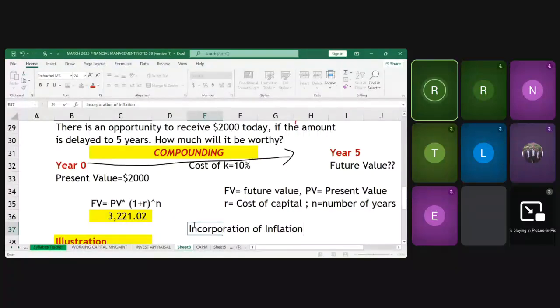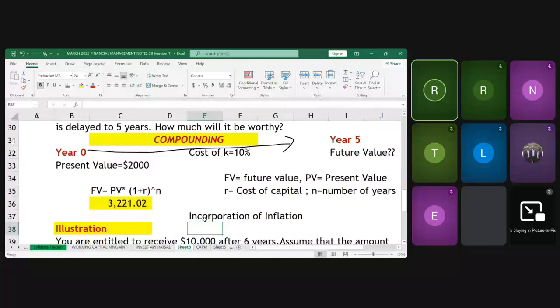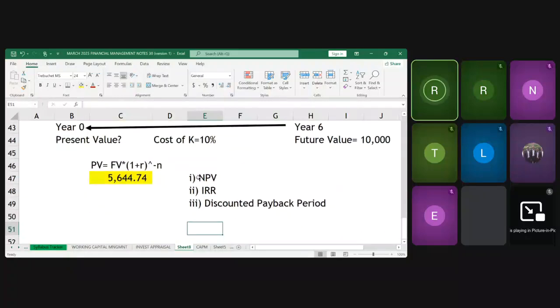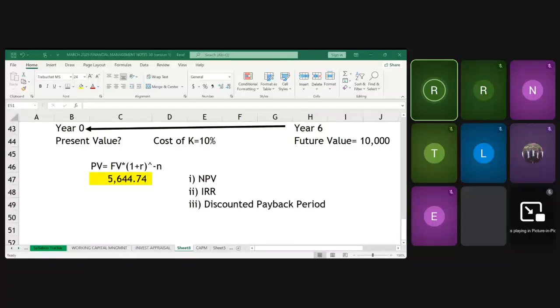Whenever we incorporate inflation, we are going to be compounding all the cash flows. So first of all, we compound our cash flows using the inflation rates, and then finally we discount at an appropriate discount rate.